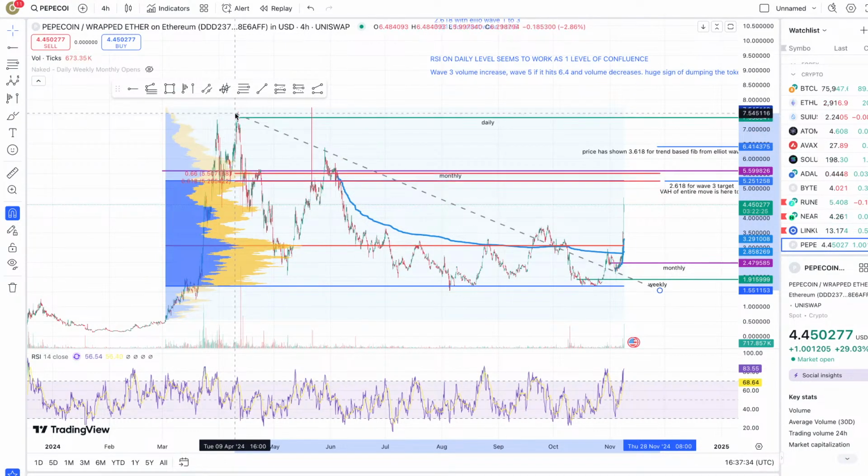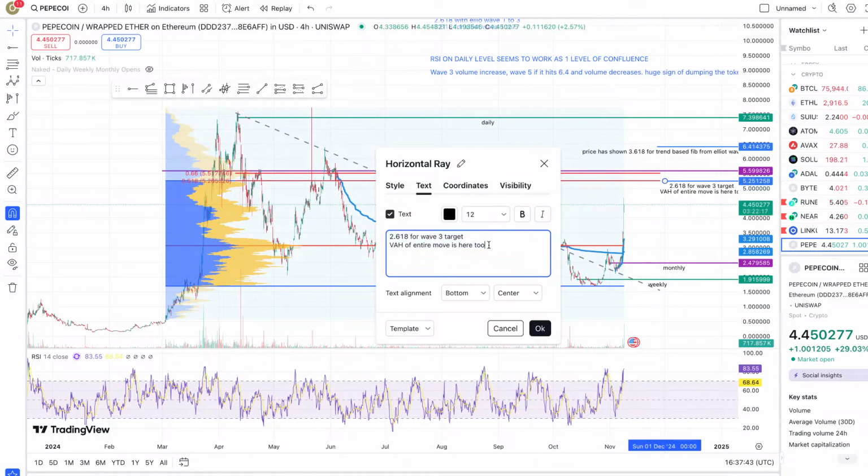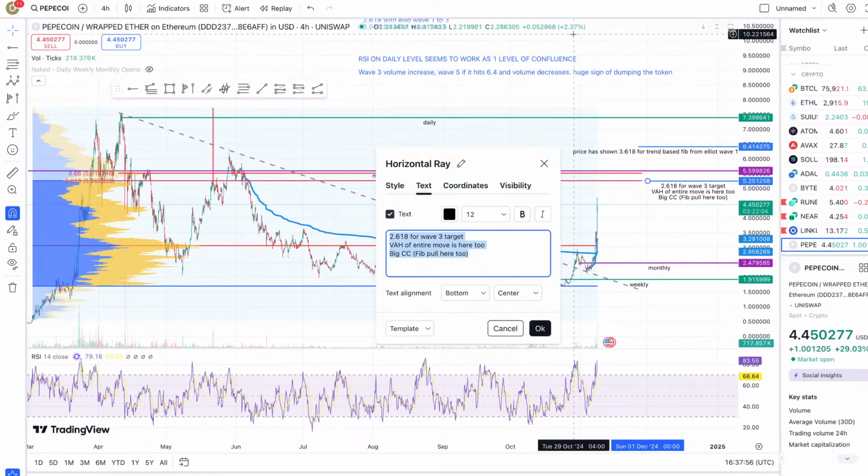But if I pull it up here, it would be the longer term time frame CC as well. Big CC fib pull here too. So if we come up here on some bearish divergences, you can sell.